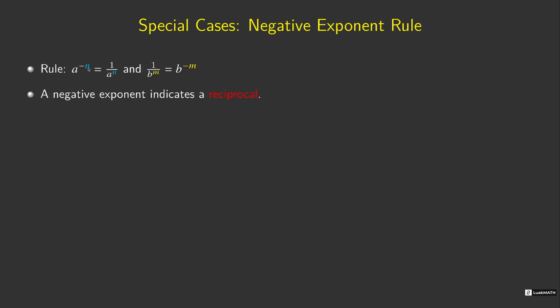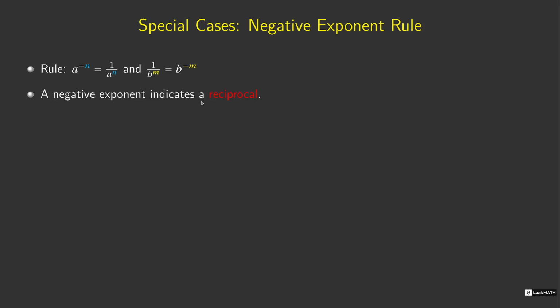A raised to minus n, when you have a negative exponent like this, you can take it downstairs and then you lose the negative sign. Similarly, if you have a fraction like this, 1 over b raised to m, you can take it upstairs, but then you have to gain a minus sign. I cannot emphasize how important this rule is. You can use it to simplify really complicated problems.